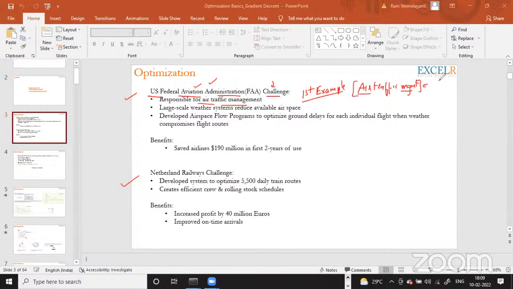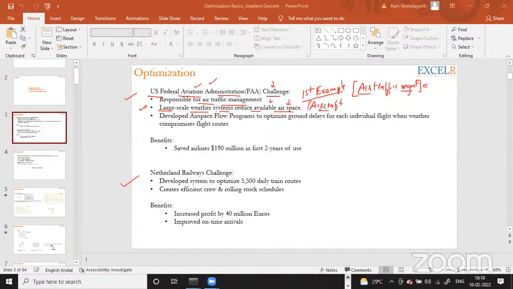So what is the problem they are trying to understand first? Large scale weather systems or weather patterns reduce the available airspace for different aircraft. Because of weather problems, they may cause some difficulty and may reduce the available airspace for our aircraft.